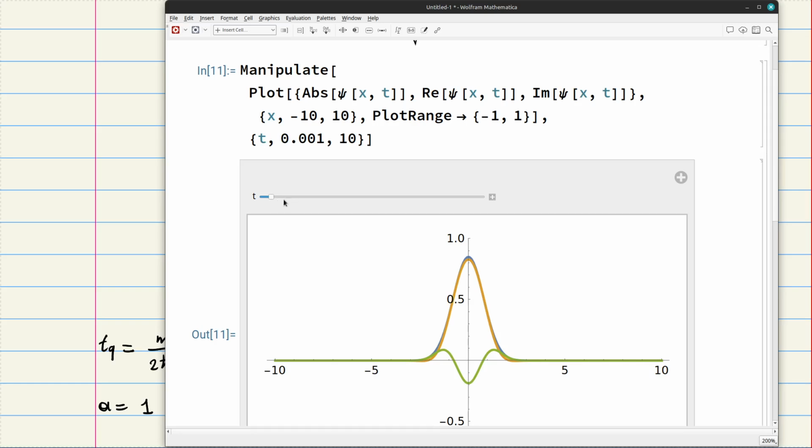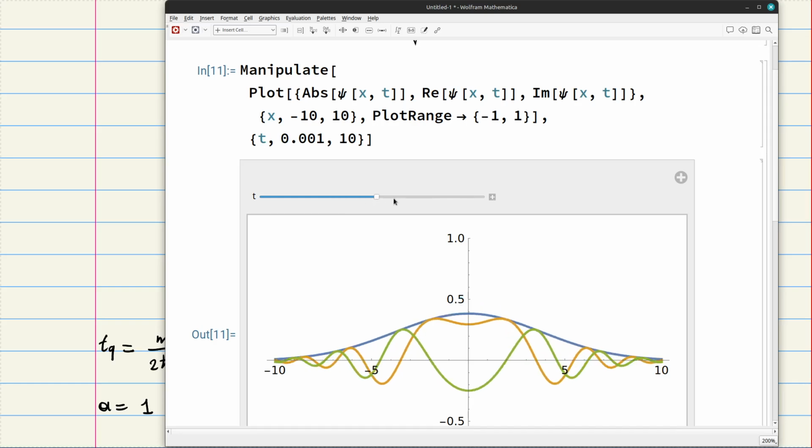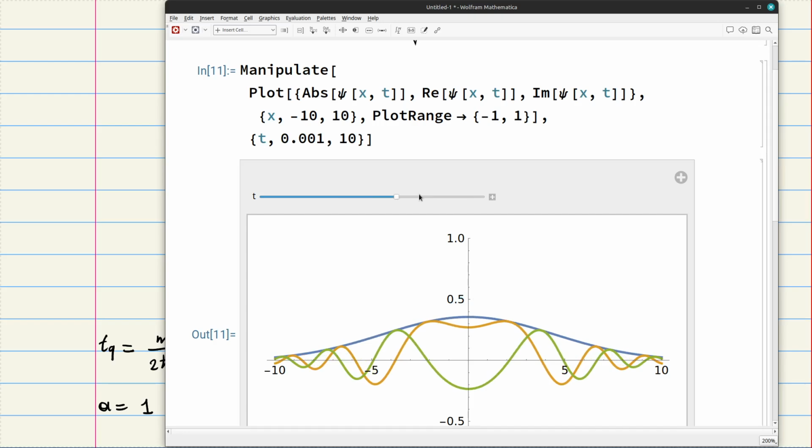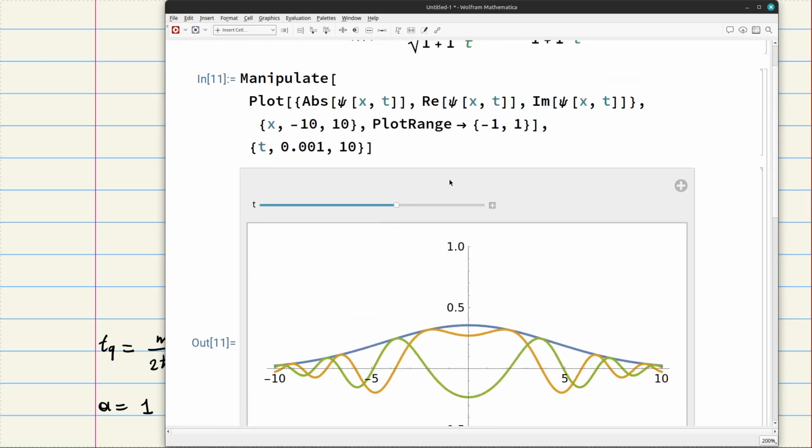Okay, good. You can see this is real and imaginary parts. The norm is blue and it is expanding over time. I think orange is real part and green is imaginary part. You can see it's doing some complex evolution. And as it goes in time, I didn't change anything.